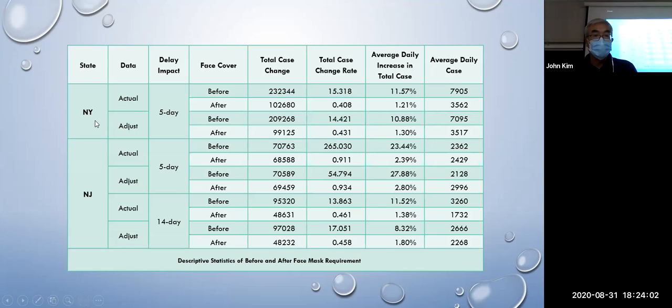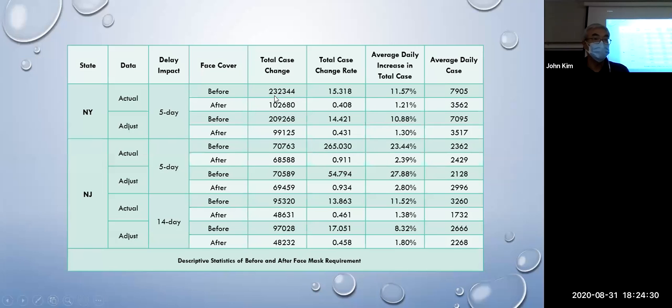For New York, using actual data, the total change before and after: before was 232,000 and after 100,000. Total change means how many increased in total.